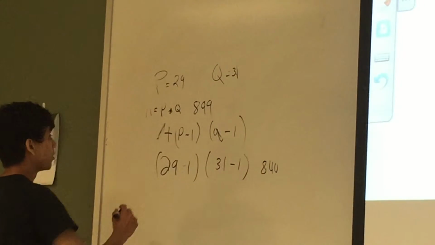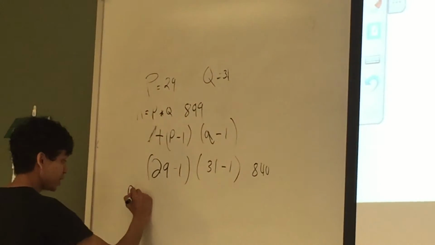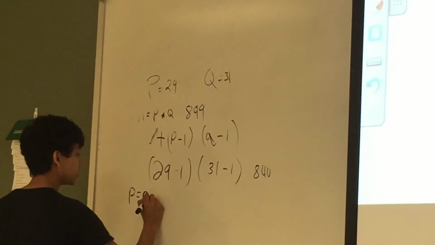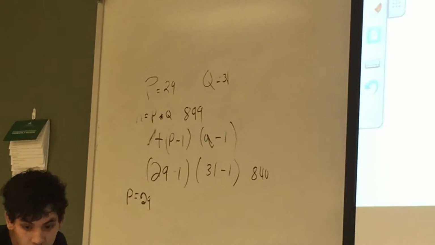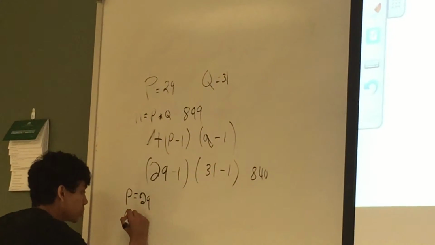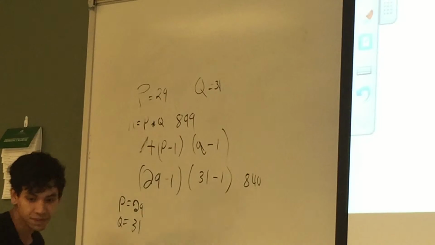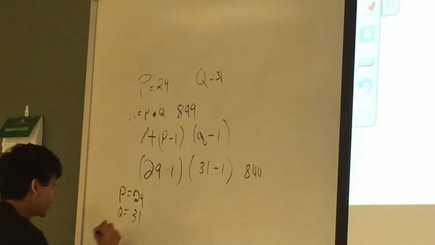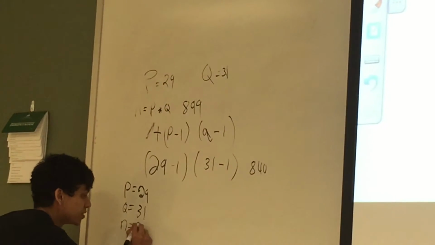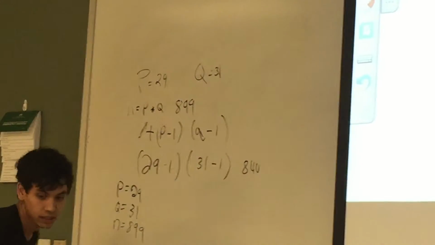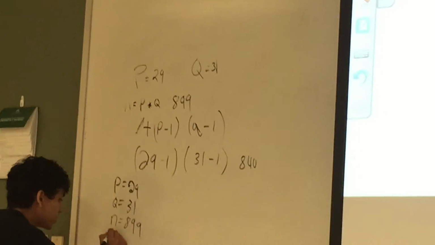And so then you have P equals 29, Q equals 31, N equals 899, T equals 840.